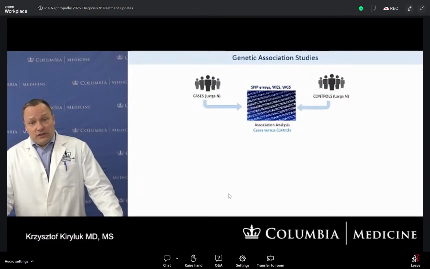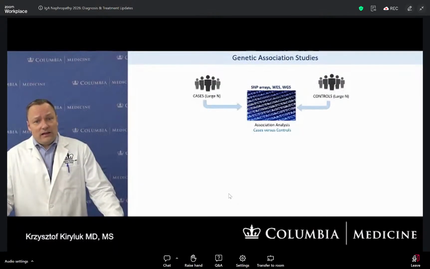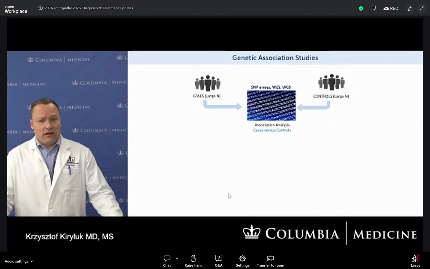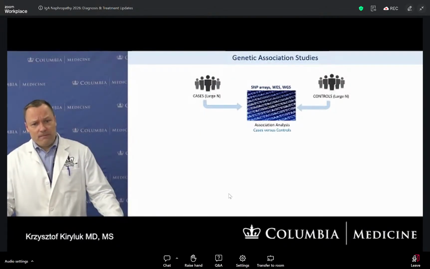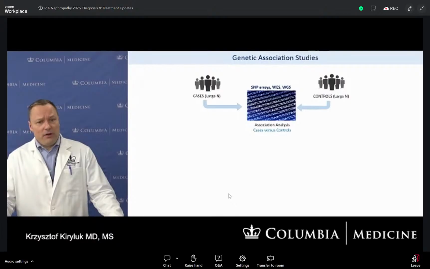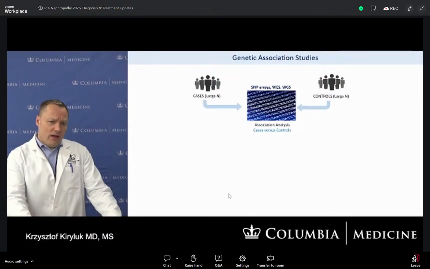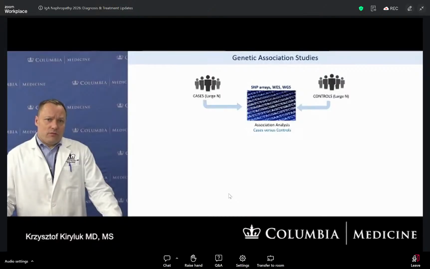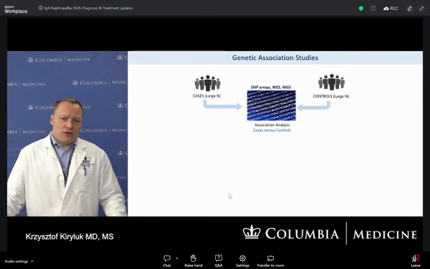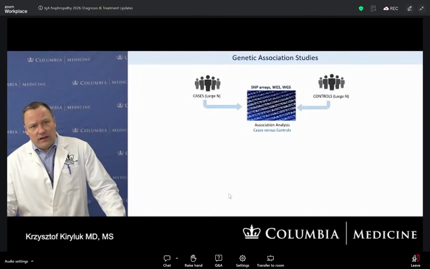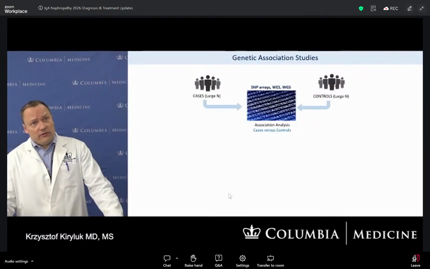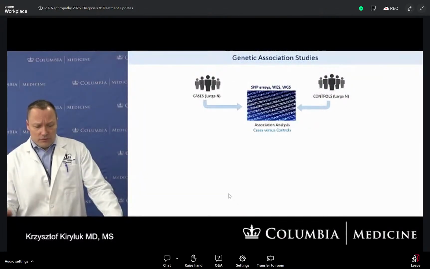Now the technology has advanced, so we have exome sequencing as well as genome sequencing, allowing us to also investigate rare genetic variation. But the concept is the same. We compare the presence of genetic variants between cases and controls. And if the variants are more common in cases compared to controls, these are risk variants. If the variants are more common in controls versus cases, these are considered protective.